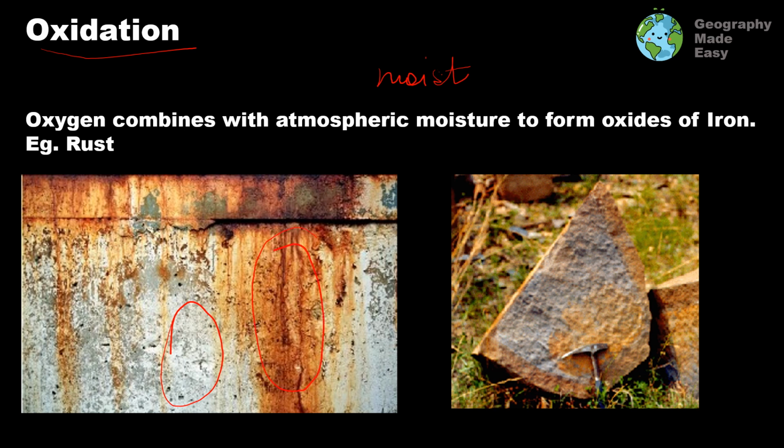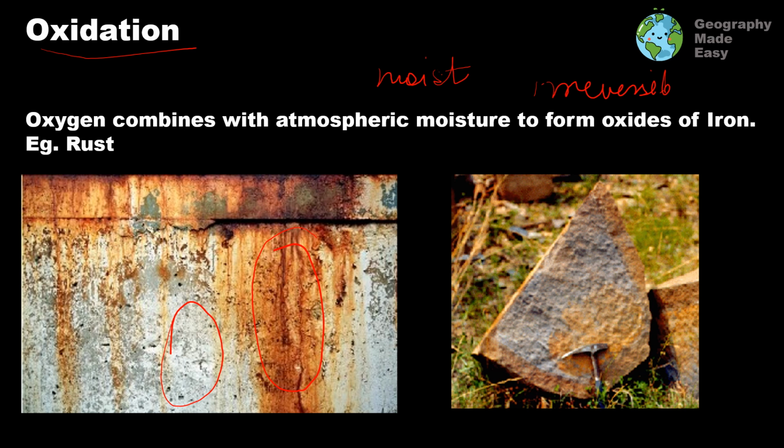The color difference is there, it is reddish. So rusting or oxidation leads to different kinds of soil being formed. We have reddish colored soils which are formed because of oxidation, and the presence of reddish color sometimes tells us that oxidation has taken place in the rock, and this is also an irreversible process.